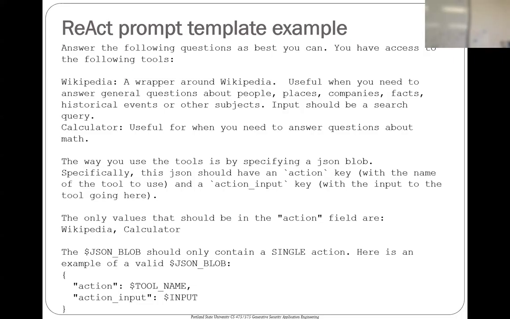The JSON blob should have an action key, and an action input key with the parameters to call that action. And this is the format. You're saying, please format a call like this. Then the runtime system is just going to execute that blob as is from the LLM and invoke that call.